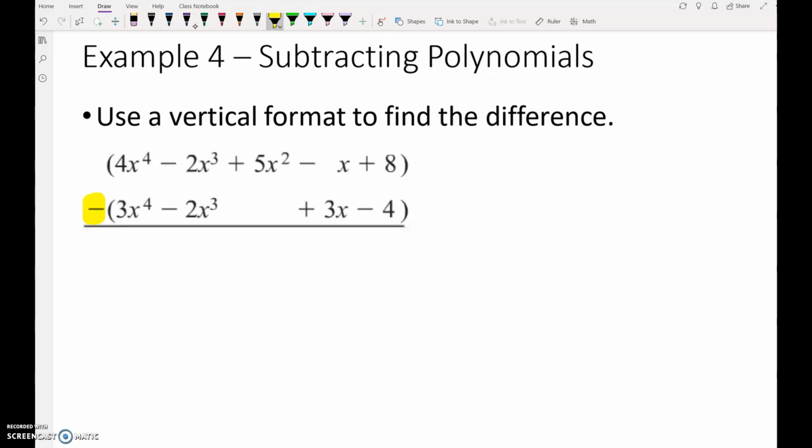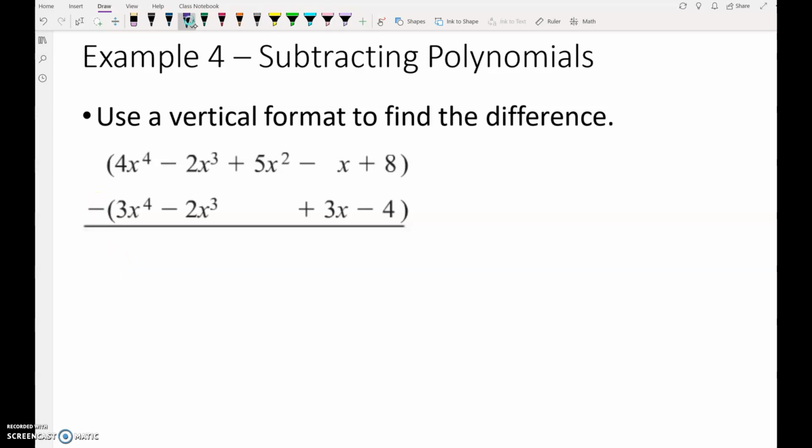4x to the fourth minus 3x to the fourth, that would be x to the fourth. So I should write that. Negative 2x to the third minus a negative 2x to the third. I don't know about you, but looking at that, it just kind of hurts my brain. So I'm going to show you what I do with subtracting vertical format that makes this a lot easier.